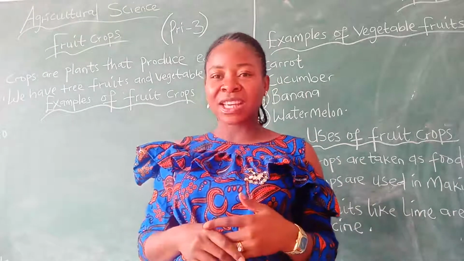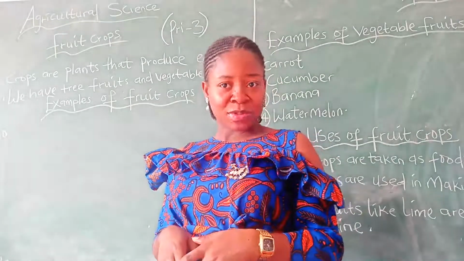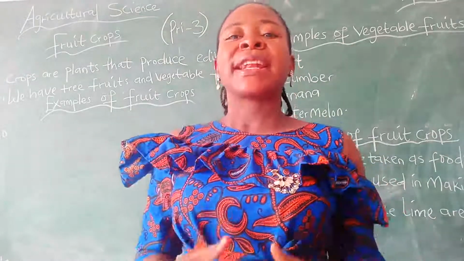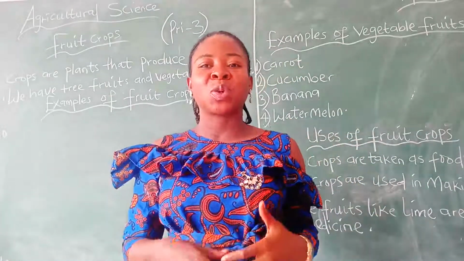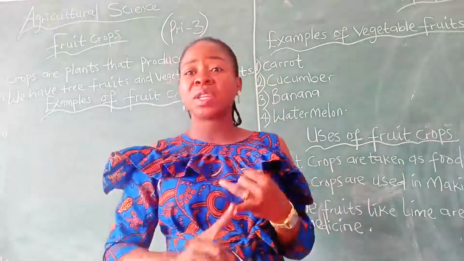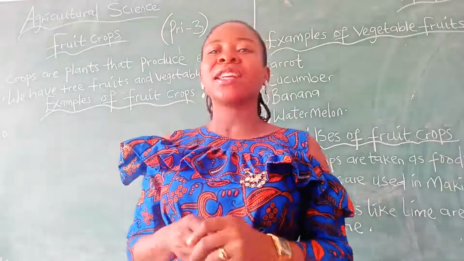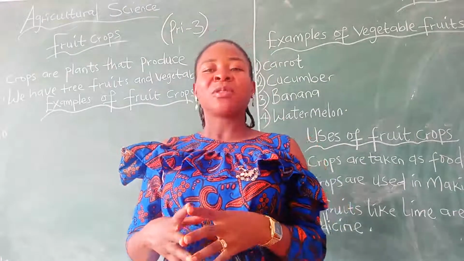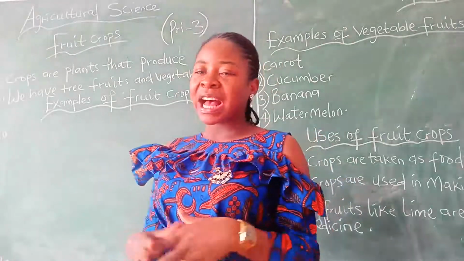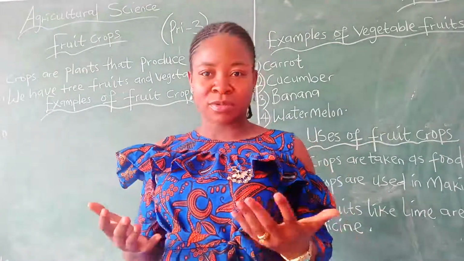Remember, we've done things under grain crops and tuber crops. What are grain crops? We said that grain crops are crops that produce small seeds. Examples of grain crops: beans, maize, rice, millet, and guinea corn. And we said that tuber crops are plants that produce their food in their stem or roots.